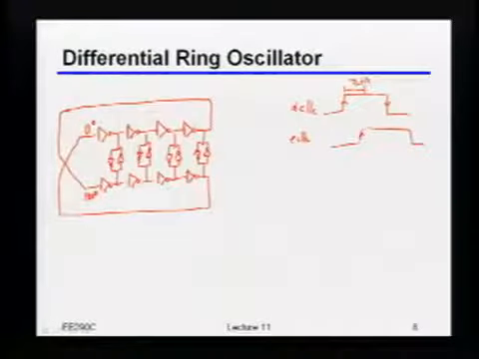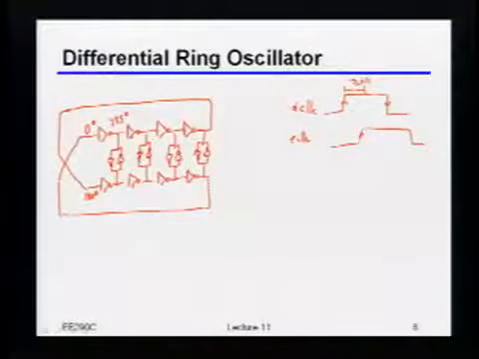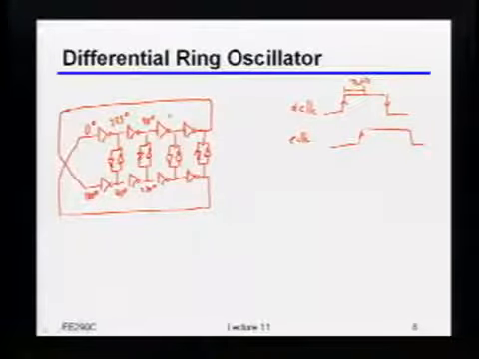So in other words, this would now be 225 degrees, and this would be 45 degrees. Similarly, this would be 90 degrees, and this would be 270 degrees. This would be 315, and this would be 135.